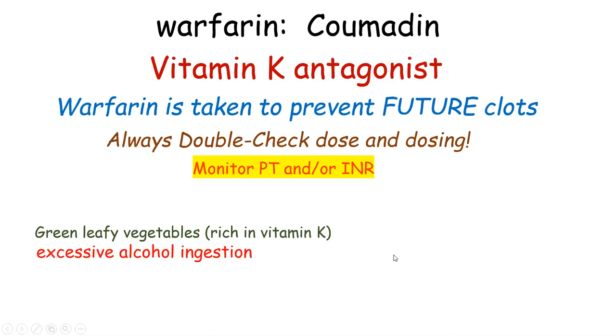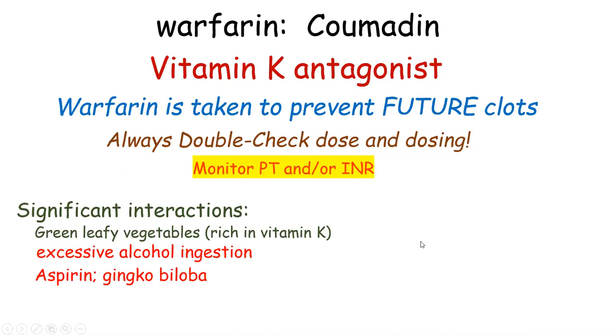Excessive alcohol ingestion, and aspirin. If somebody takes Coumadin, they should not be taking aspirin. There's one exception. Anybody who's had a stroke or a heart attack, or after a certain age, everybody should take at least 1 baby aspirin a day. A baby aspirin is 81 milligram. So 81 milligram of aspirin, taken every day consistently, is perfectly fine with Coumadin.